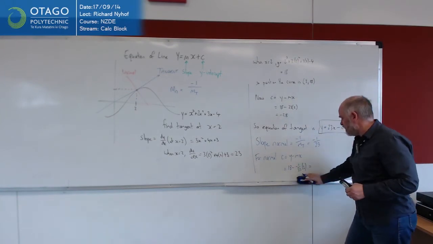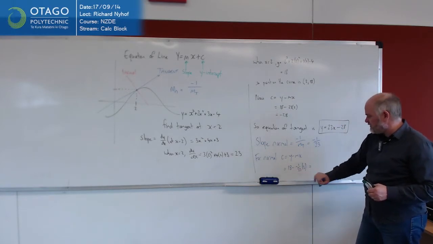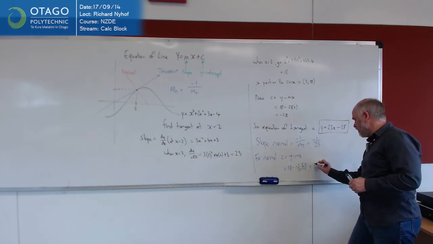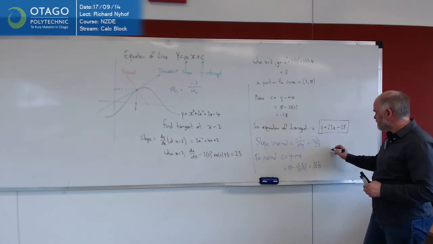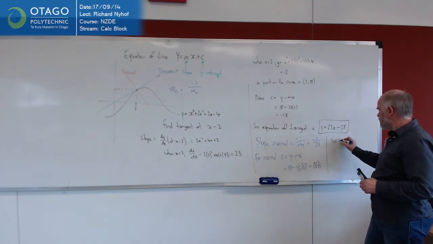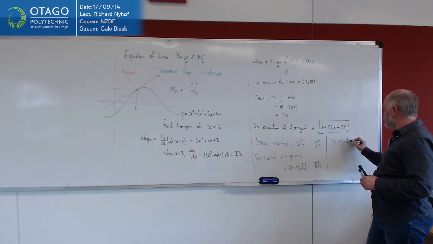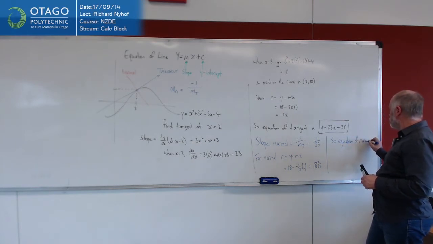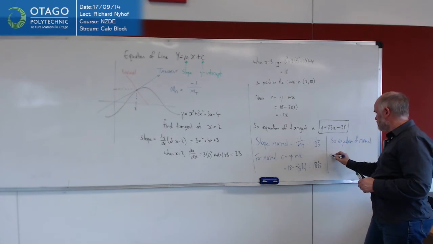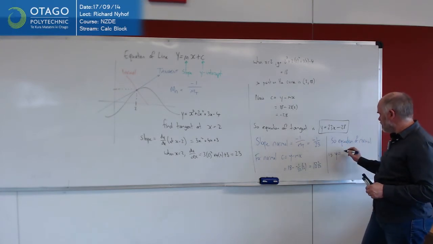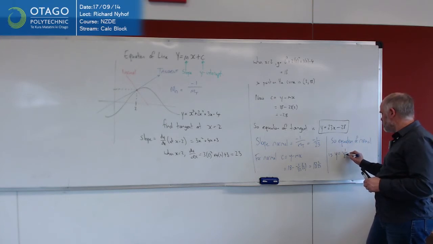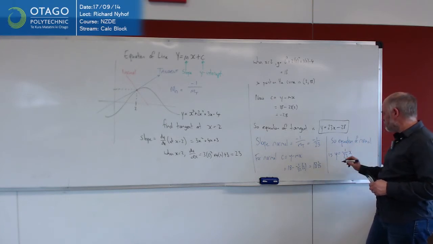So what do we have here? We have 18 plus 2/23. So I'll be a bit naughty and write that as 18 and 2/23. So the equation of the normal is y equals mx plus c.